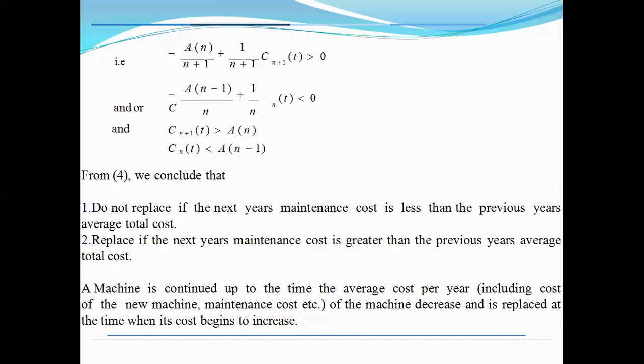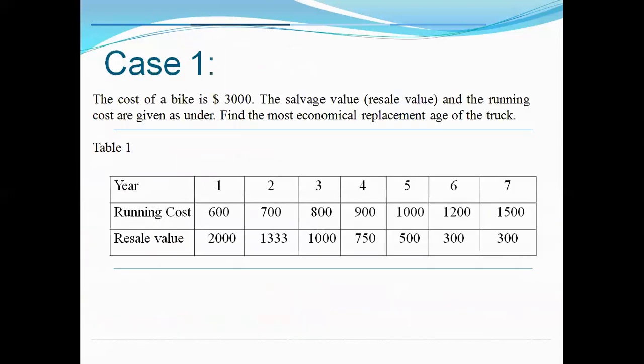So it clearly specifies the justification of both the above points: do not replace the machinery or the component when the total average cost is very much less than the previous year's, and replace it, that is, in the next year, if the total average cost is greater with respect to the total cost. So both criteria.